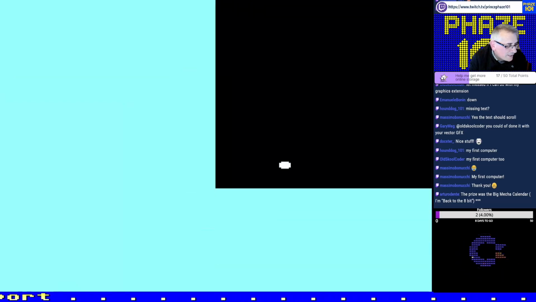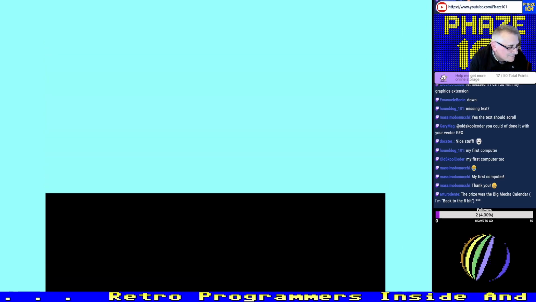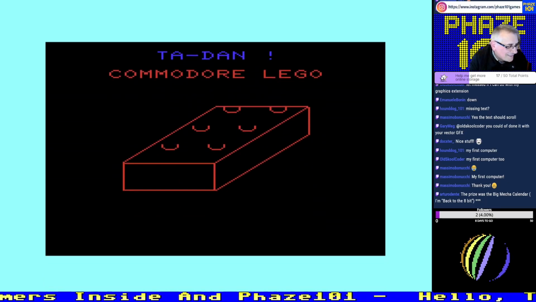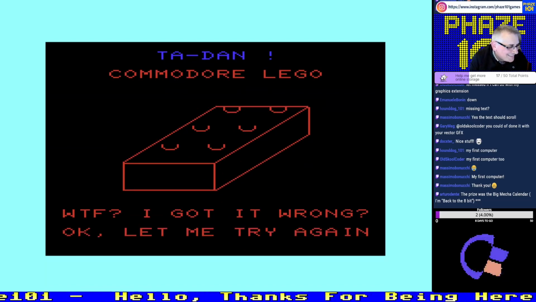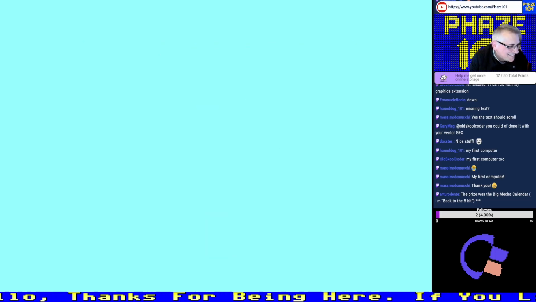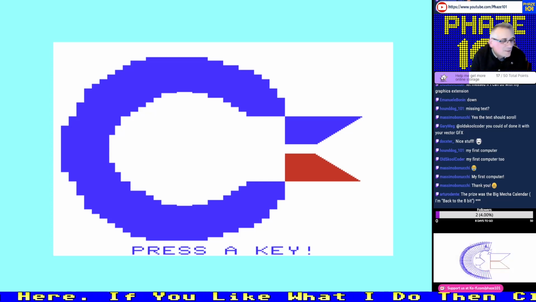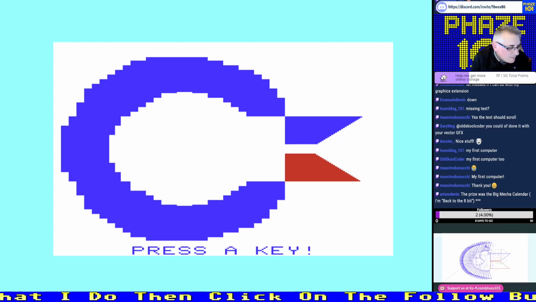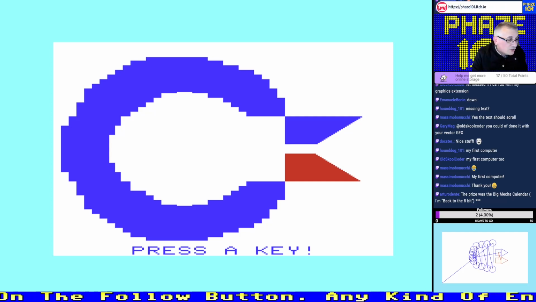It doesn't continue always like this, okay? It will change in a minute. Ta-da, Commodore logo. I got it wrong. There you go. So that was the demo in BASIC for the Commodore VIC-20 by the Gaps, or Giuseppe Pintus.